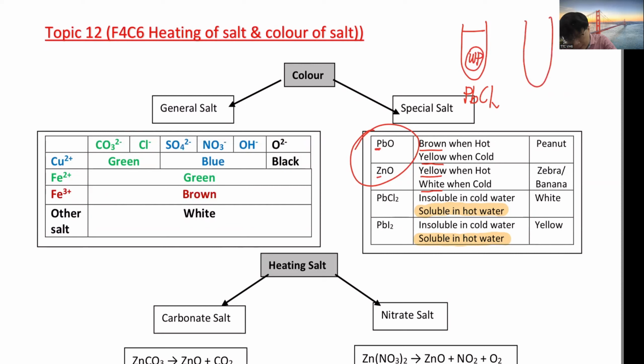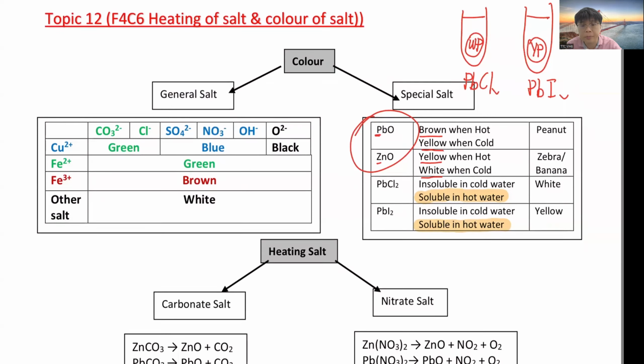Then for PbI2, it will be a yellow color precipitate here. When you heat the water, it becomes hot water and it will dissolve. Then after that, when it cools down already, the salt will reappear because these two salts are soluble in hot water, not soluble in cold water.